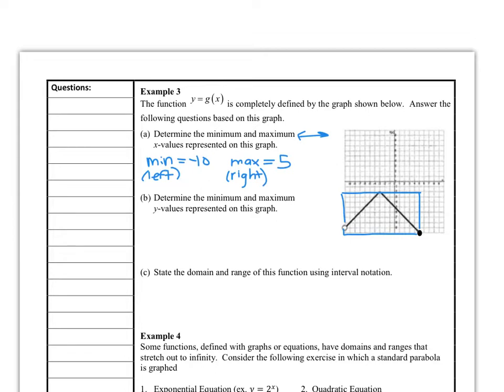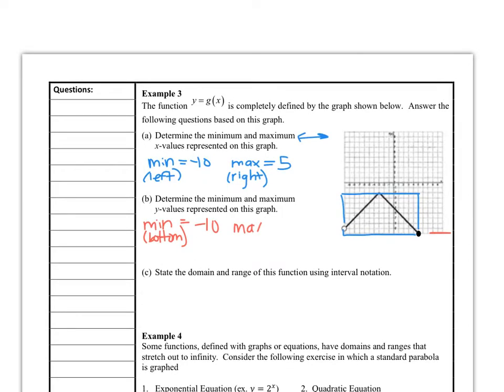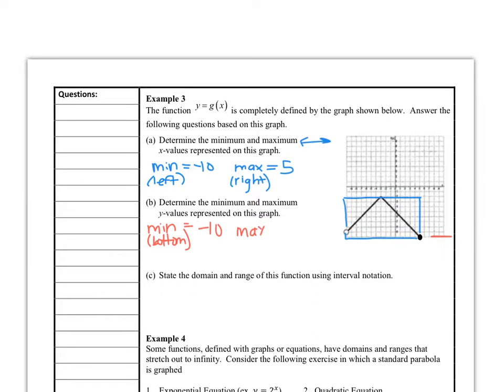So min would be on the bottom. The lowest that this graph goes is way down here at negative 10. And then max would be up at the top. And the highest we go is here at negative 2. And again, this is in reference to the y values going from bottom to top.